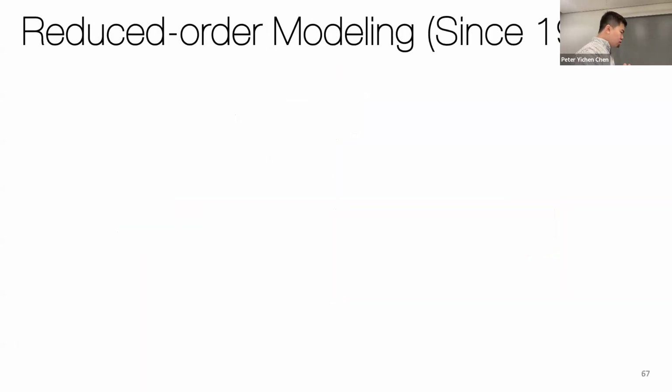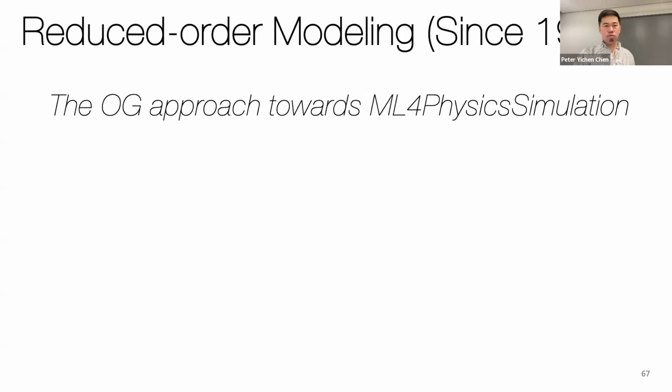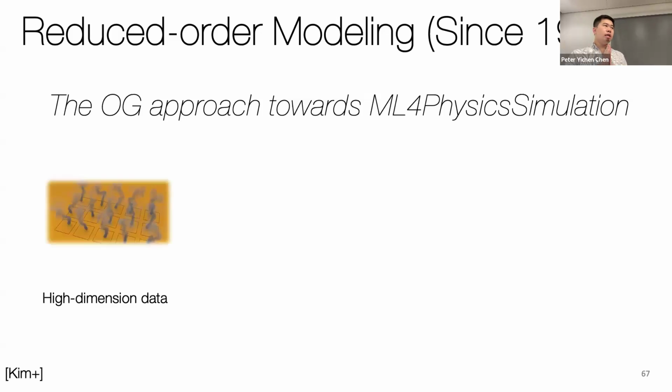So people have been using reduced order models to speed up these simulations by addressing that large number of degrees of freedom. This is really the OG approach towards machine learning for physics simulation. Generally, reduced order models start with some high dimensional data, right? This data is very high resolution, and generated by simulators or directly from experiments.